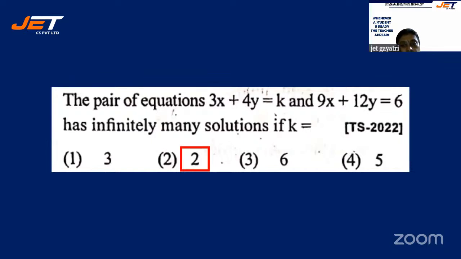Just do 3 by 9 is equal to 4 by 12 is equal to 2 by 6. So 3 by 9 is nothing but 1 by 3 is equal to, what is 4 by 12? It is 1 by 3. Isn't it? Likewise, the first 2 and k by 6, that is 2 by 6, 1 by 3. All right. Yes, see the next question.